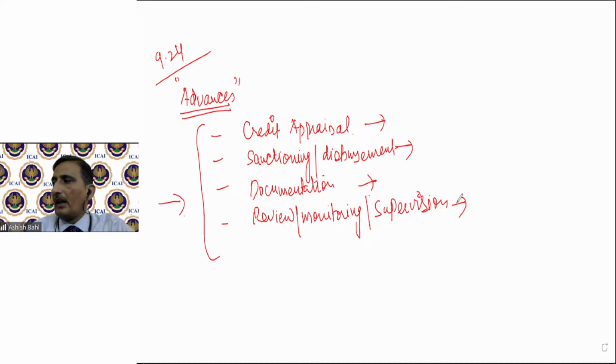Yes. Anybody? Jay, Kaushiki, Janvi, Namrata. What is credit appraisal? Yes. Any idea? Yes. Namrata is writing, checking the creditability or ability of a person to repay loan. Yes, Namrata, it is one part of that. What about others?